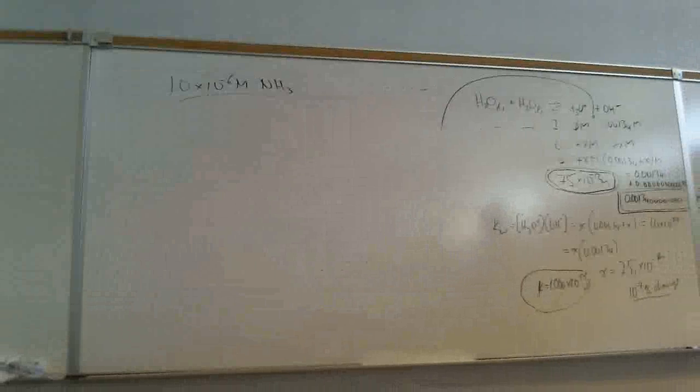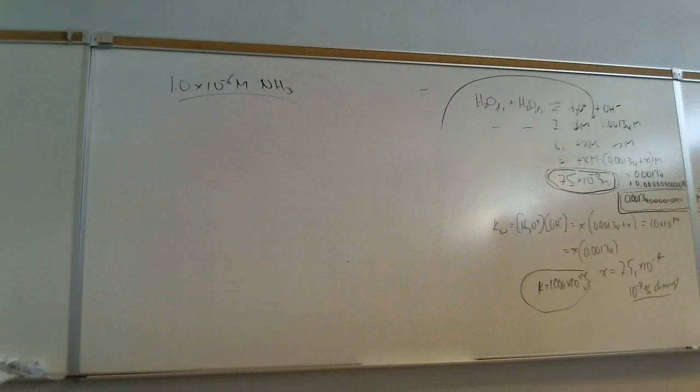Kb is 1.8 times 10 to the minus 5. Why don't they have a Kb table? When I look, there's only a Ka table. There's a reason for that. I'll tell you next time.